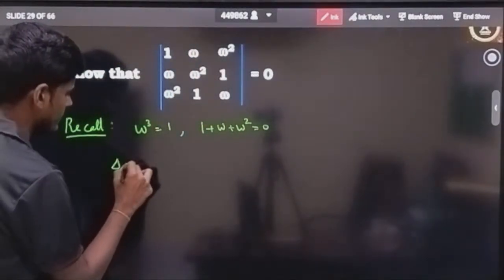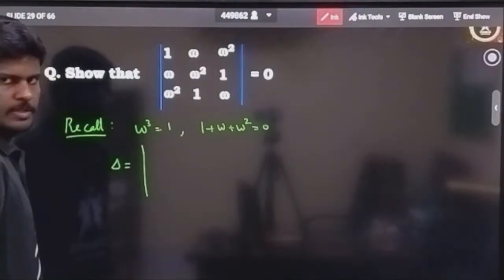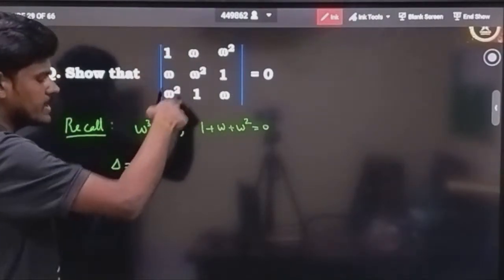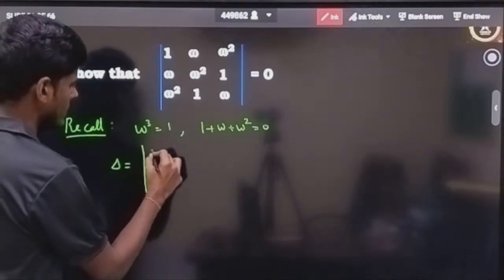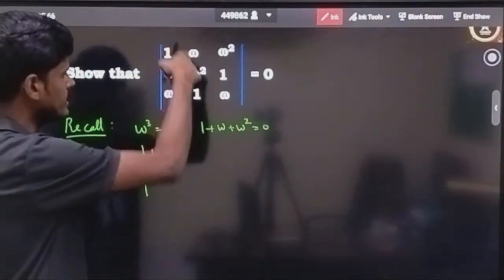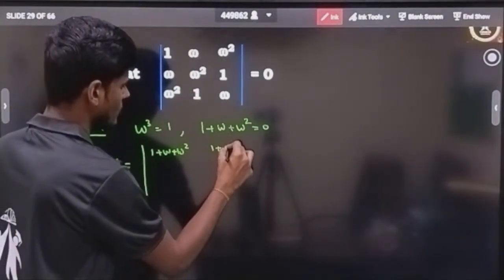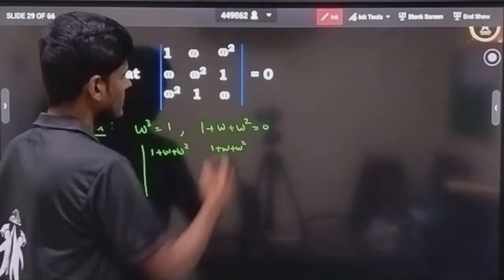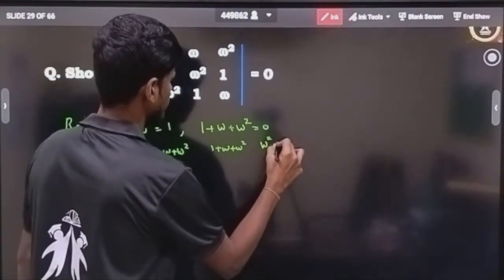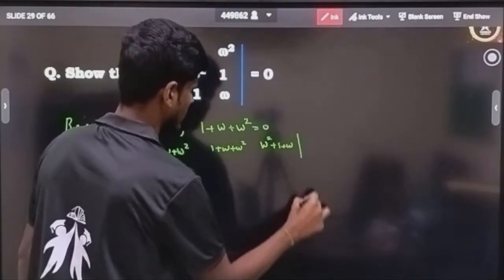Now we can write the determinant by adding all the rows. If we add R1 plus R2 plus R3, then we will get 1 plus omega plus omega square. For the second, it is also the same, 1 plus omega plus omega square. Third column is also the same, omega square plus 1 plus omega.